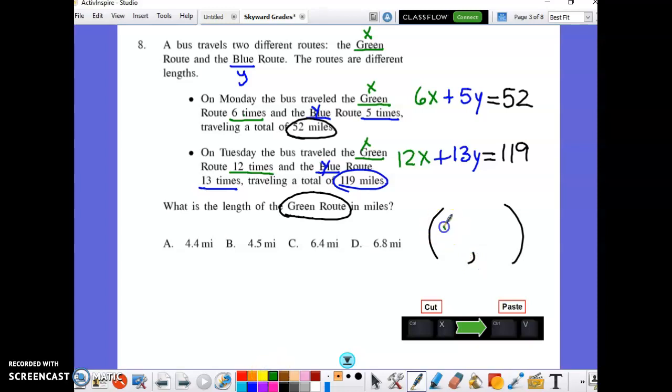And the first number is your X, that's the green route, and the second number is your Y, that's the blue route, and they're asking us for the green route, so that's your X. Okay, so once you find it, make sure that you are looking for the X value only in that intersection. So we're looking for the intersection.